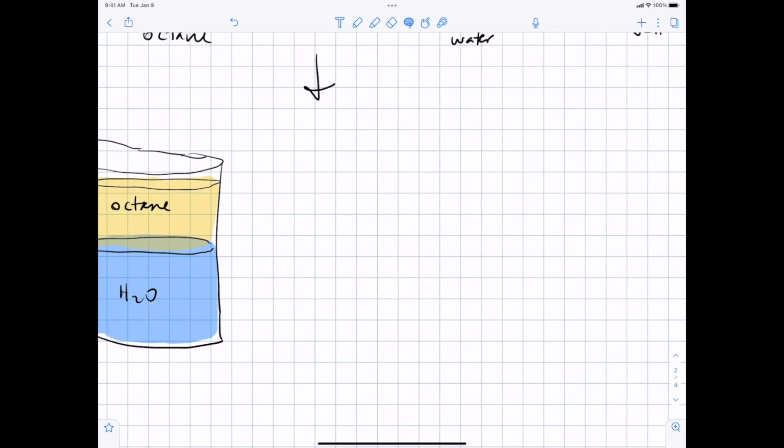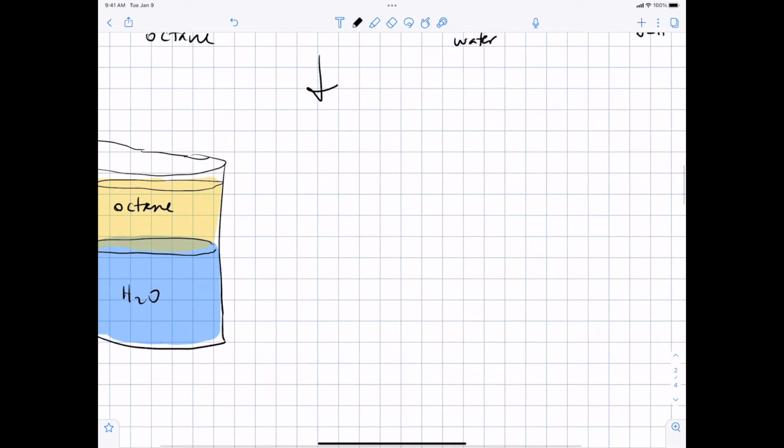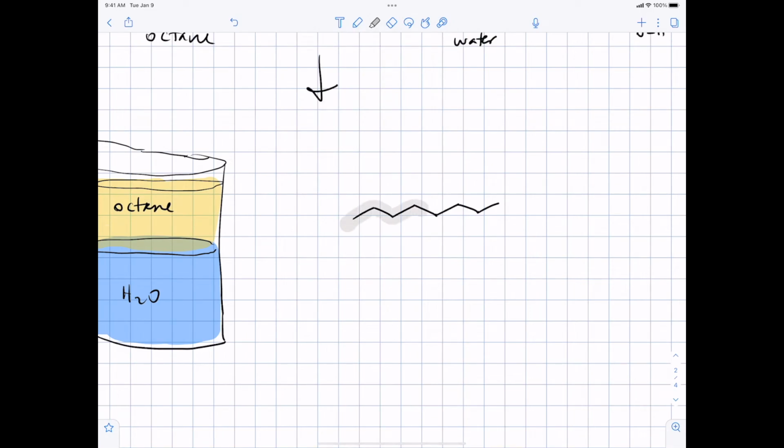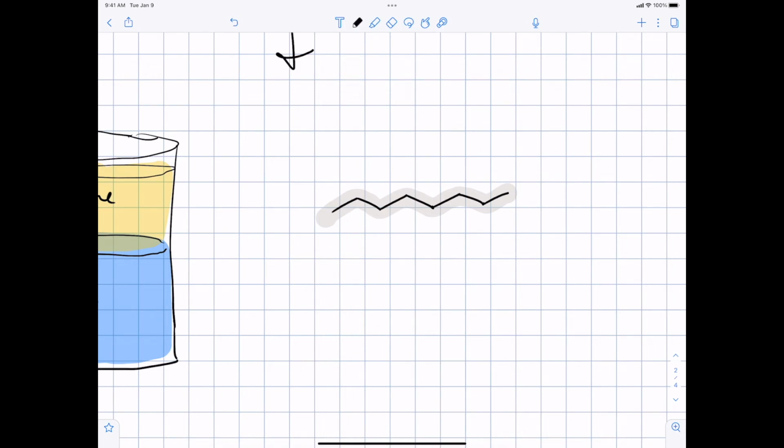Let's imagine the situation in which one octane molecule, 2, 4, 6, 8, and here's its cloud of electron density. We're just going to dissolve one octane molecule in water. All right.